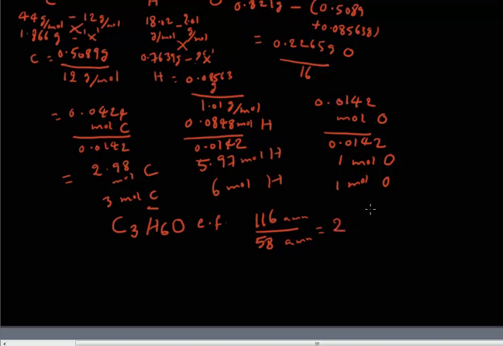To get my molecular formula, I take this value and multiply the empirical formula throughout by 2. That would give me C6H12O2. That is my molecular formula.